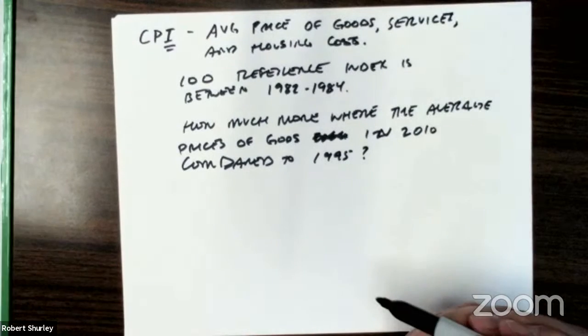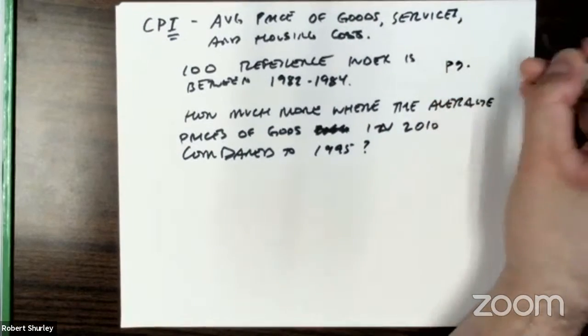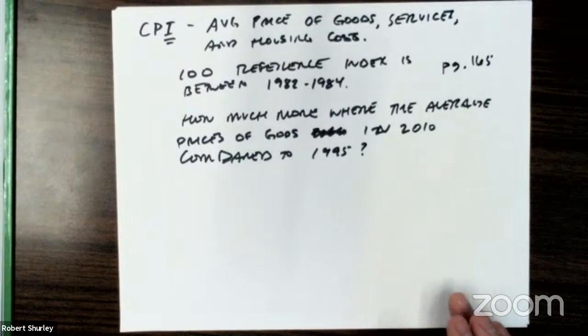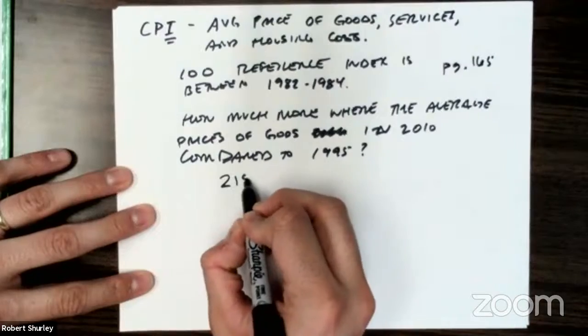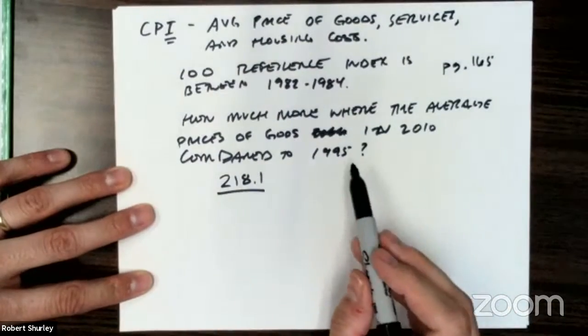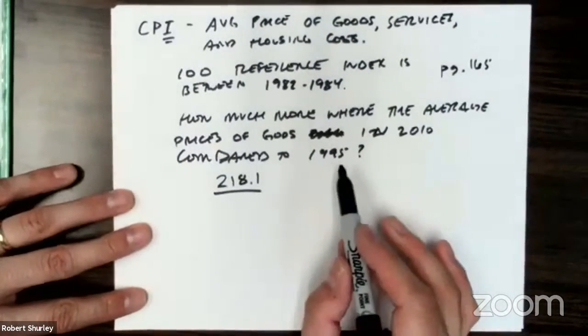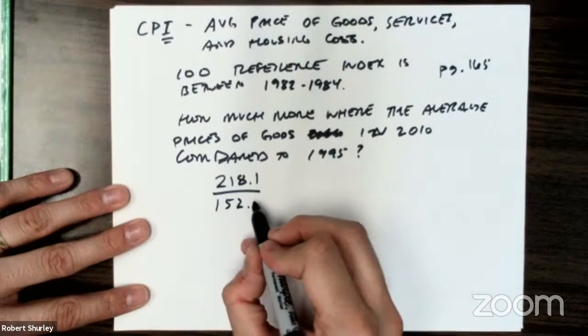So in 2010, if you look at the chart on the bottom of page 165, in 2010, we were at 218.1 for our CPI if we averaged it, if the 100 was in there somewhere. And then in 1995, we're at 152.4.